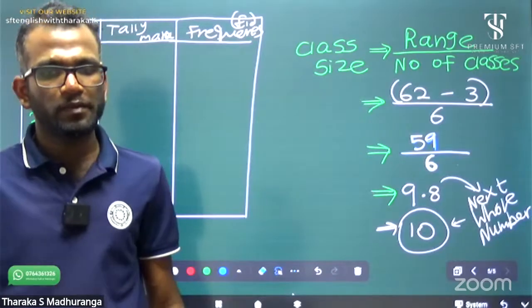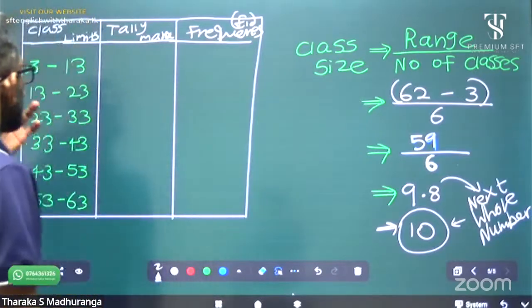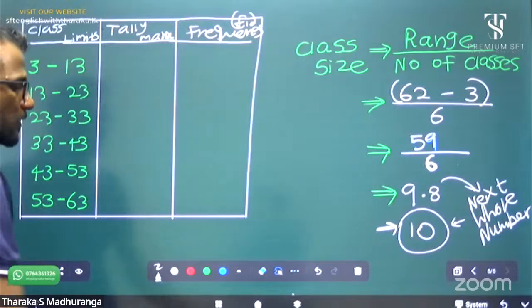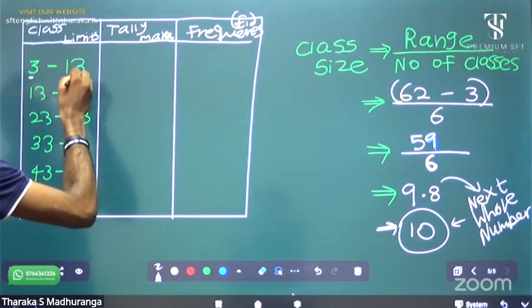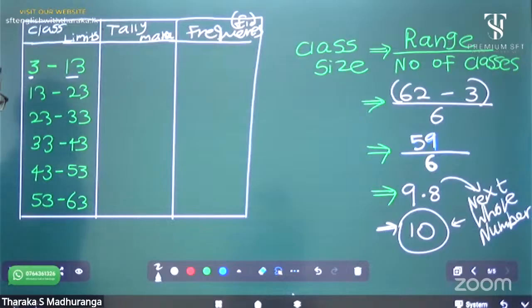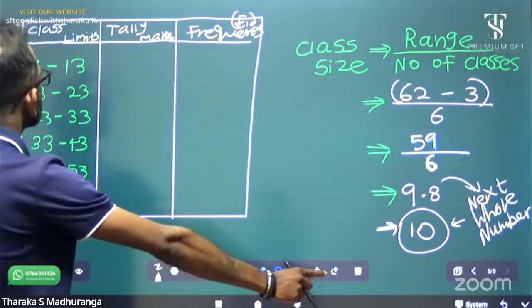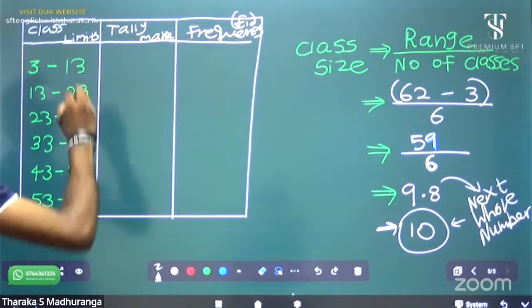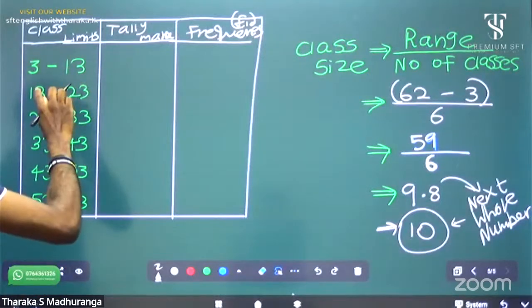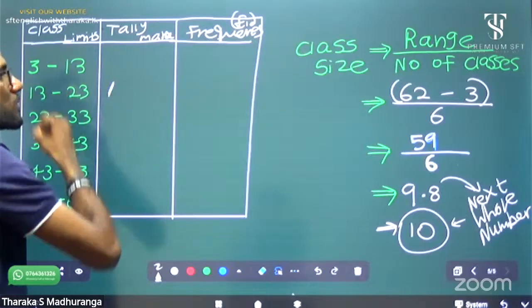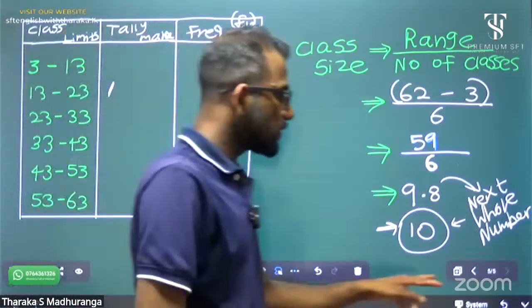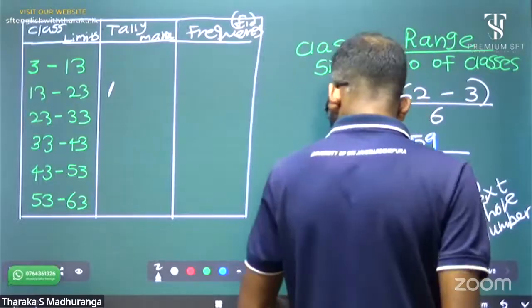Okay, remember the first class is starting from 3 up to 13. Therefore, 13 always belongs to the next one, starting from 13 up to 23. This is the first one. Remember, we always add it to the second one.